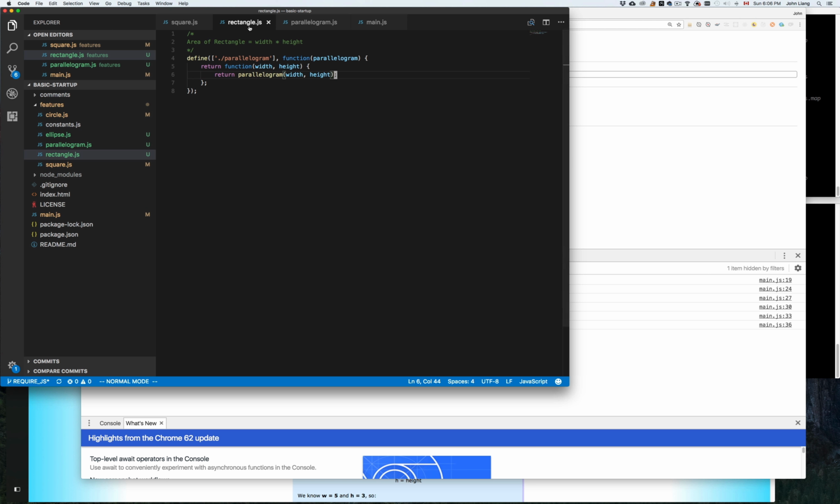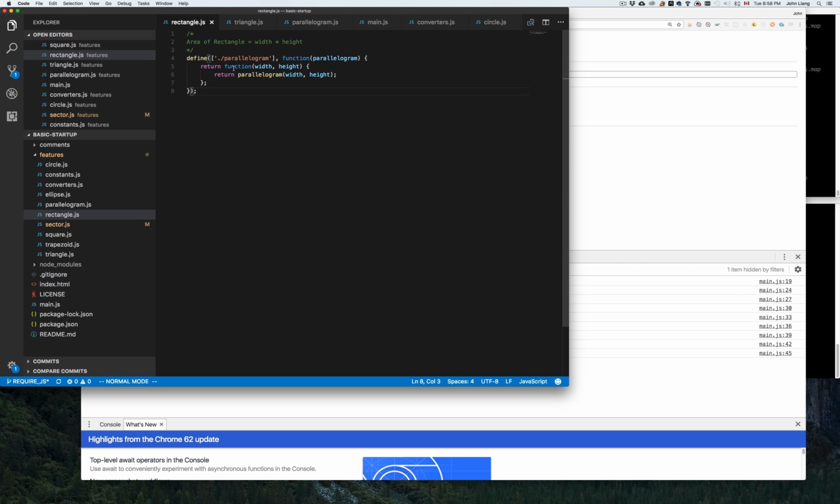And at this point, the rectangle is kind of reusing the parallelogram module. Since the formula for calculating the area of the rectangle is width times height, and the formula for calculating parallelogram's area is base times height, and because we have 2 parameters versus 2 parameters, we could take a shortcut by returning the parallelogram function directly.